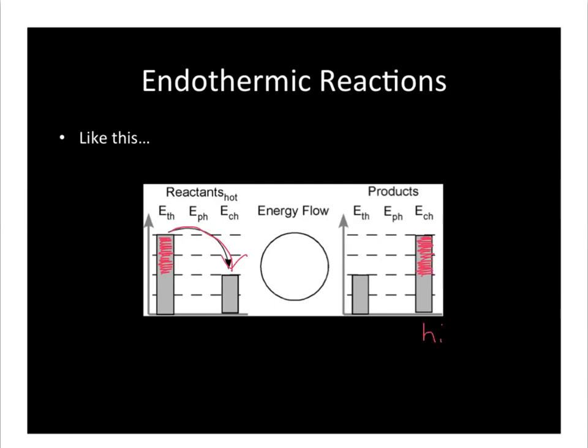So these are high energy products, but they're at room temperature. Okay, so that energy, that fire and everything that we've added into the system has been converted to chemical energy.